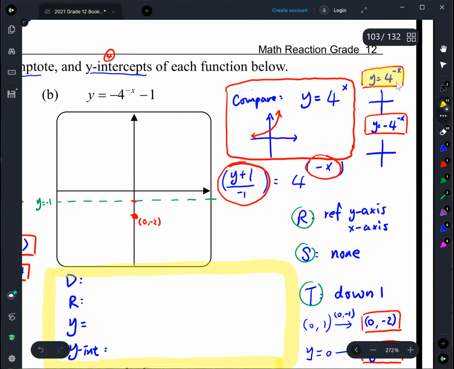Y equals 4 to the negative x. What's the reflection for that? Over the x-axis. Should be y-axis. If the negative is beside the x, it should be reflected over the y-axis. Okay, so what does the graph look like after reflecting over the y-axis? Can you draw it in the small axis there?